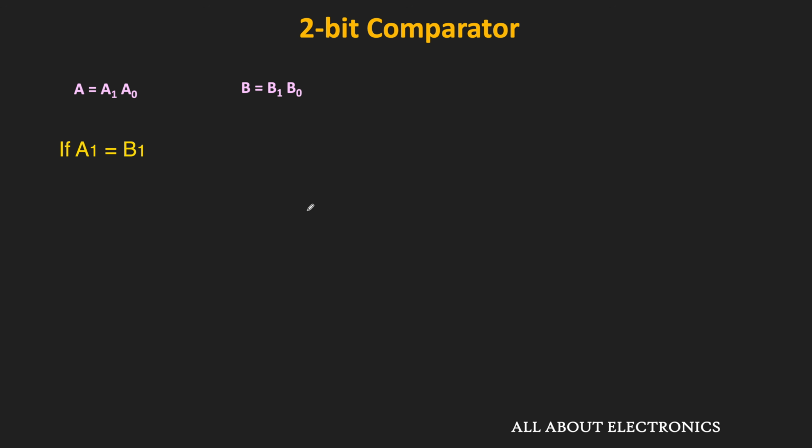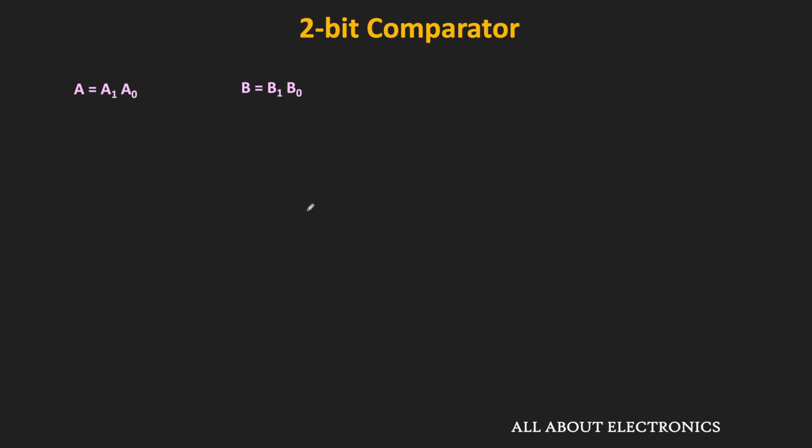And if a1 is equal to b1 and a0 is equal to b0, then both the numbers are equal. So in this way, starting from the MSB, we can easily find which number is greater than the other one. Using this technique, we can easily design the n-bit comparator.